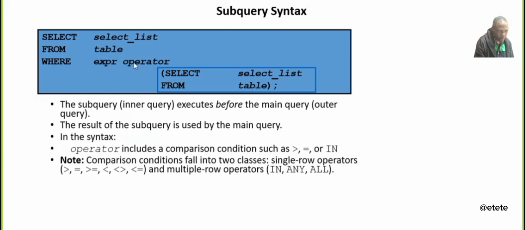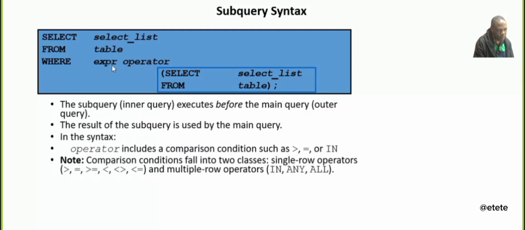This operator is not English language. You don't read it like English. This is from table, where expression, this expression is maybe a column that you are going to supply. Then this is an operator, which is either equals to, greater than, less than, in. We have done operators before.